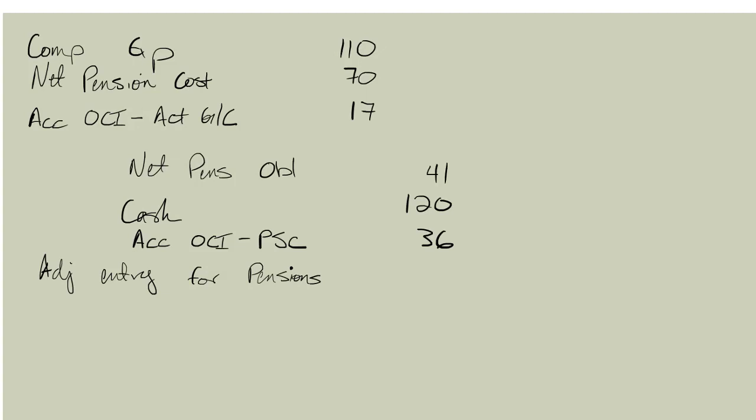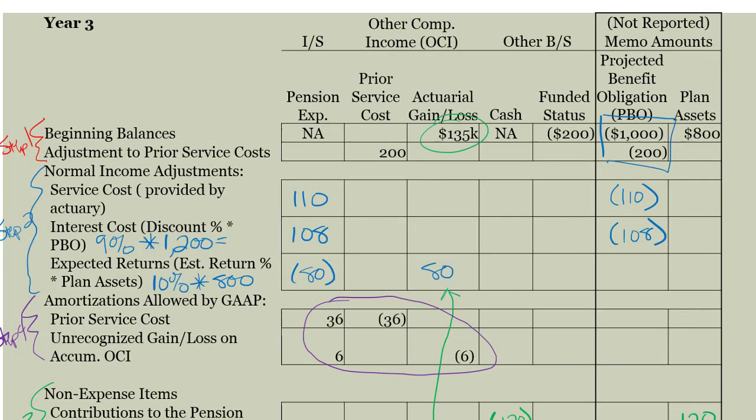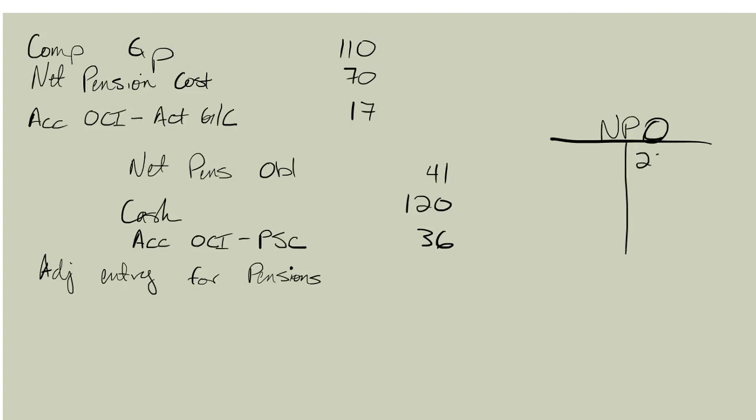Now I don't stop there. Remember, I'm not done till I've checked and made sure that my T account comes out the right way. So I'm going to abbreviate this, net pension obligation. And we started the year with a negative or credit of 200. And I've just added a credit of 41.